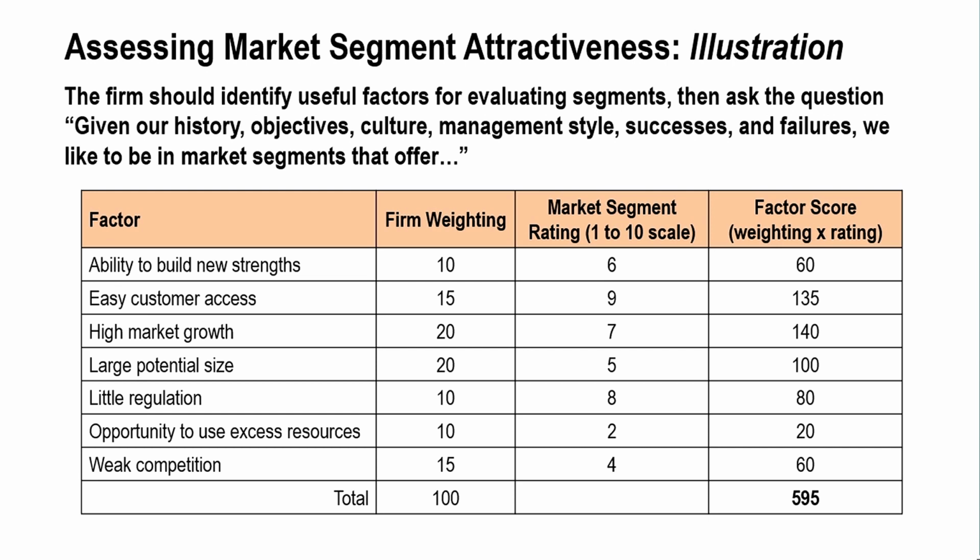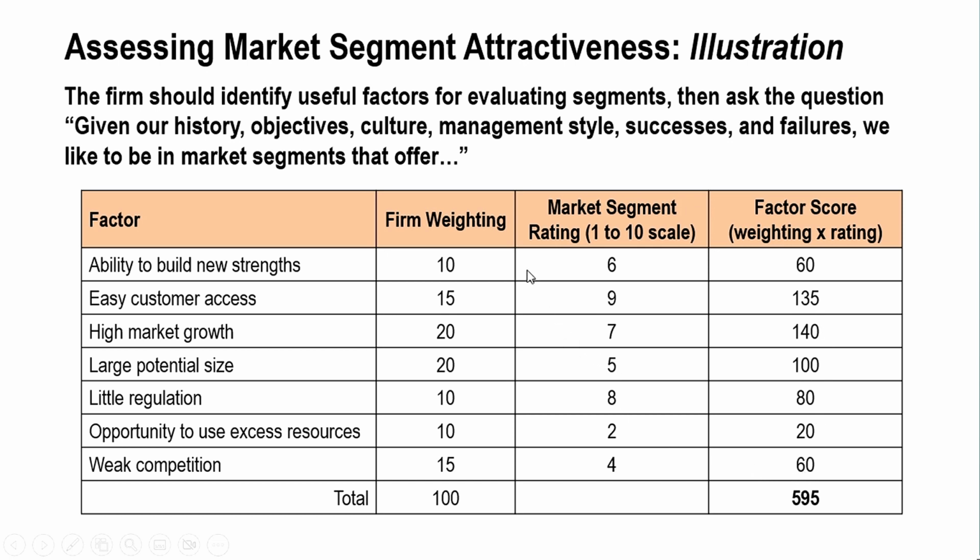Now, based on this, you can see we can multiply the weight of the firm's position with the market segment rating, and you can easily see that this segment therefore should attract high attention.